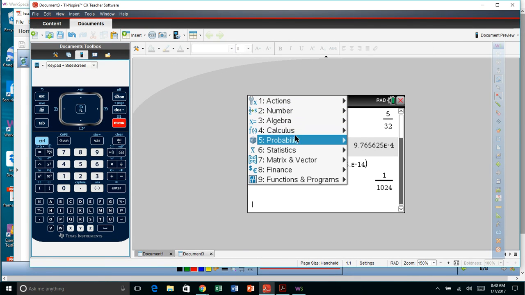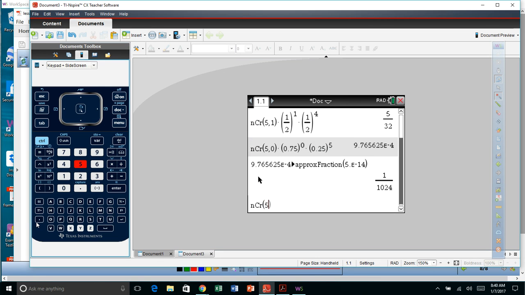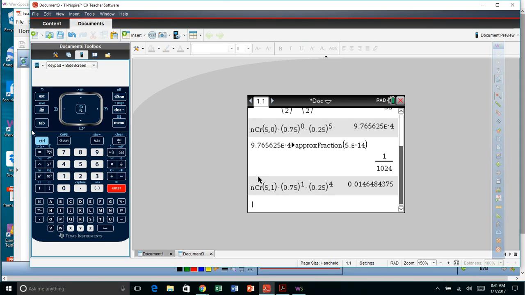Menu 5, 3, and 5, comma 1, close parentheses, times open parentheses 0.75, close parentheses, caret 1, times open parentheses 0.25, close parentheses, caret 4, and let's convert that.